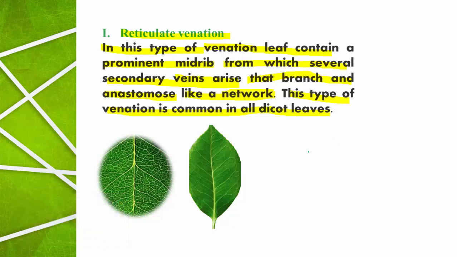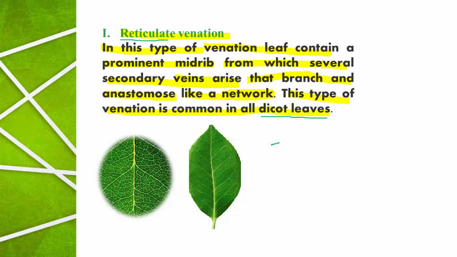The plants producing dicot seeds are called dicotyledons. The seeds with two cotyledons are nothing but dicots. So you need to remember this compulsorily: reticulate venation is the character of all the dicot leaves.